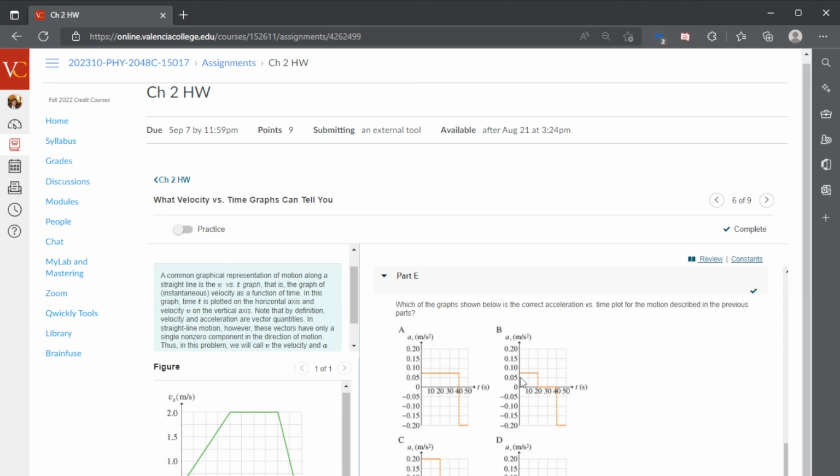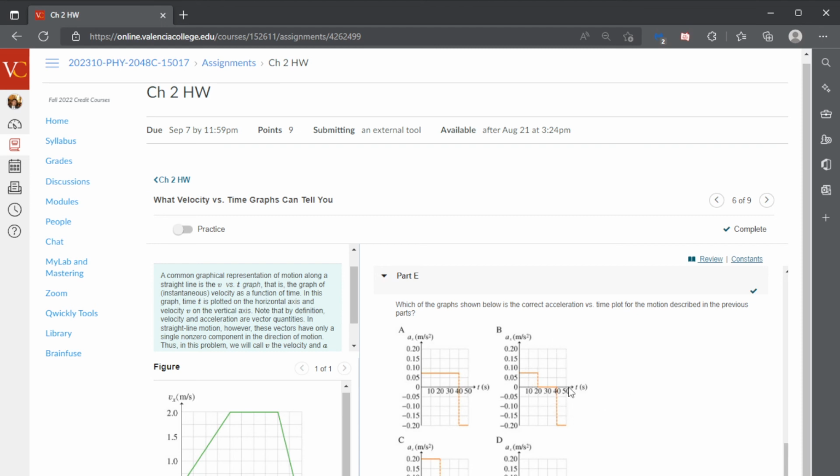Time is constant while acceleration is decreasing. So it's not C, obviously, because the acceleration drops immediately. So C is not right. Time is constant, but acceleration is going up, so D is not right. So we leave A and B.